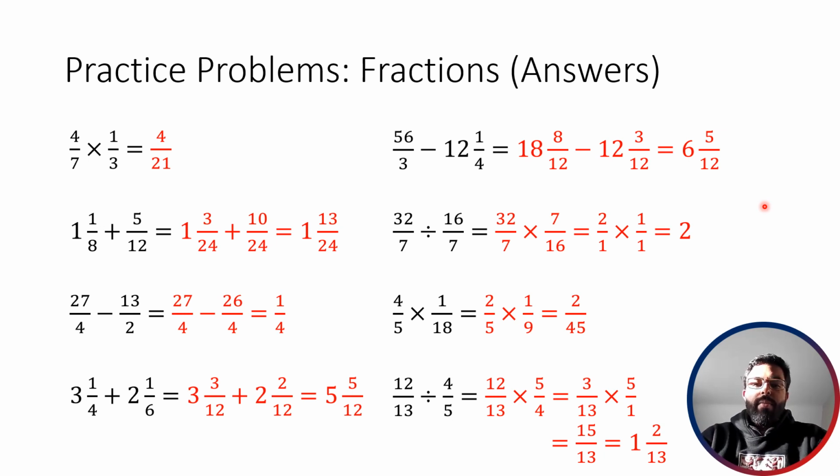And then one thing I'd like to remind you guys of is always check to see if you can simplify your fractions down before you go through the calculation. So for instance, here in this division problem, once you flip that second term into its reciprocal, and then you change the division sign into a multiplication sign, you could churn through this math of 32 times 7 and 7 times 16. I don't want to do that.